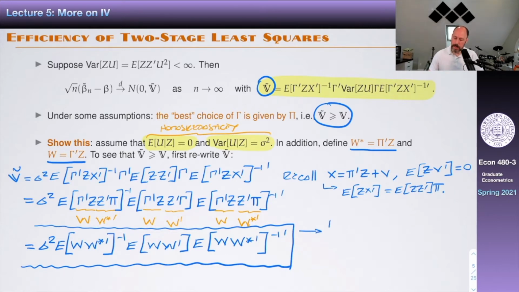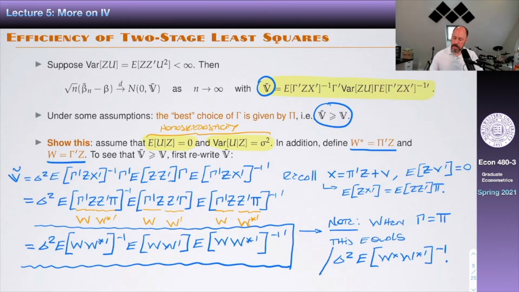Note that when gamma equals pi, that is when we just do two-stage least squares, this equals sigma squared times the inverse of the expected value of W star W star prime. In the case of two-stage least squares, this is exactly the limiting variance.